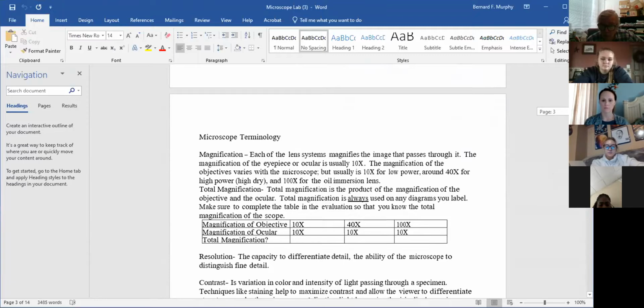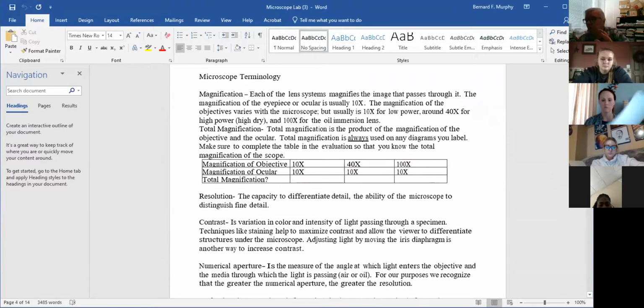So microscope terminology. You need to know a few definitions of terms. Magnification, and it really should be called total magnification. Well, magnification is how much each lens magnifies it. Total magnification is always the product, as I mentioned, of the objective lens times the ocular, and the ocular is always 10.